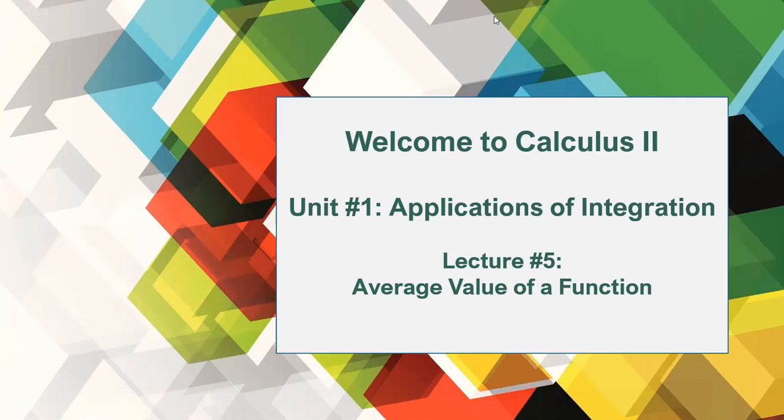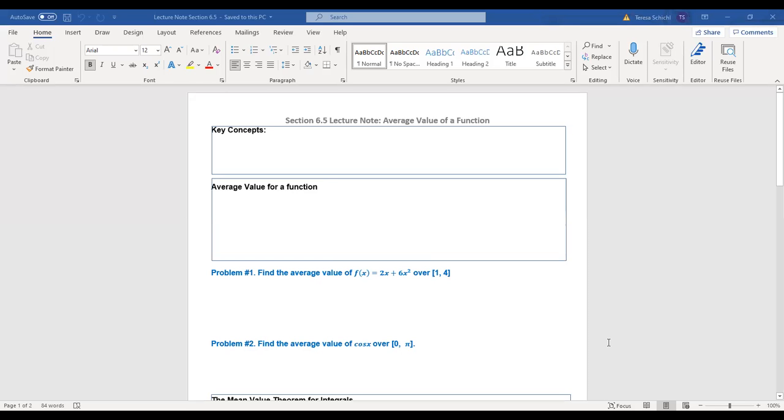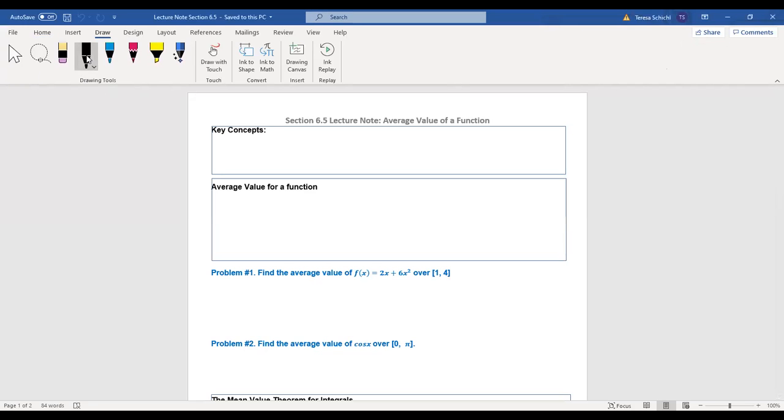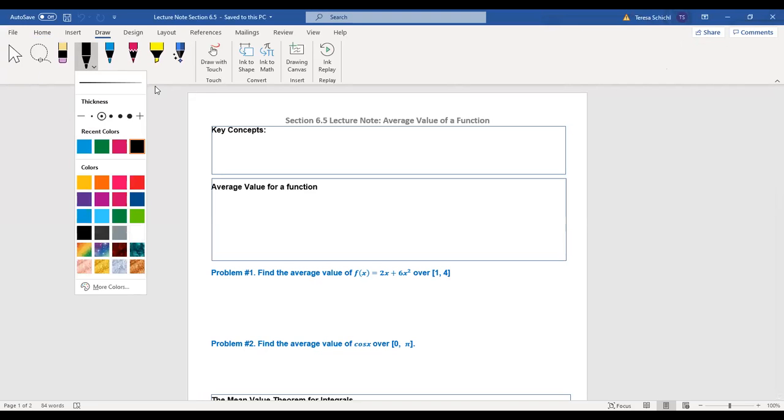All right, so now let's go to our lecture note and take a look. What are the key concepts we're going to cover in this lecture? We have two things.